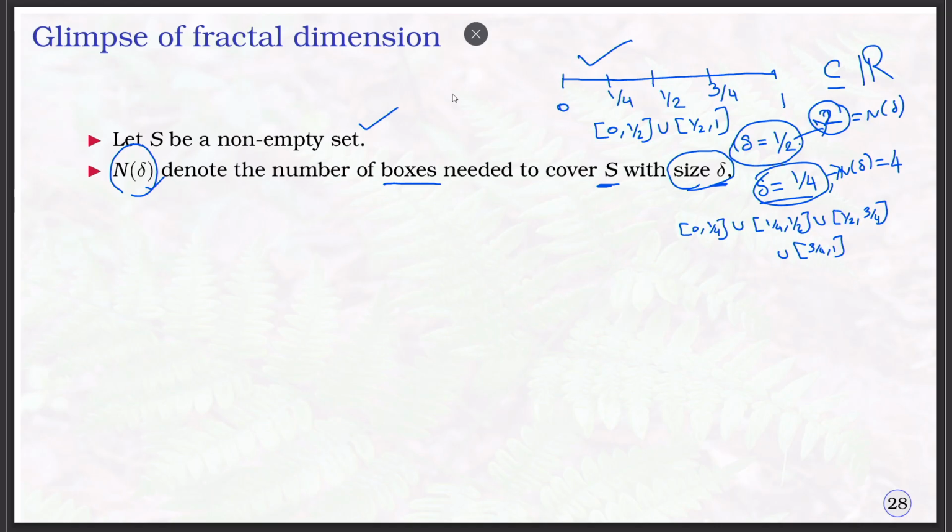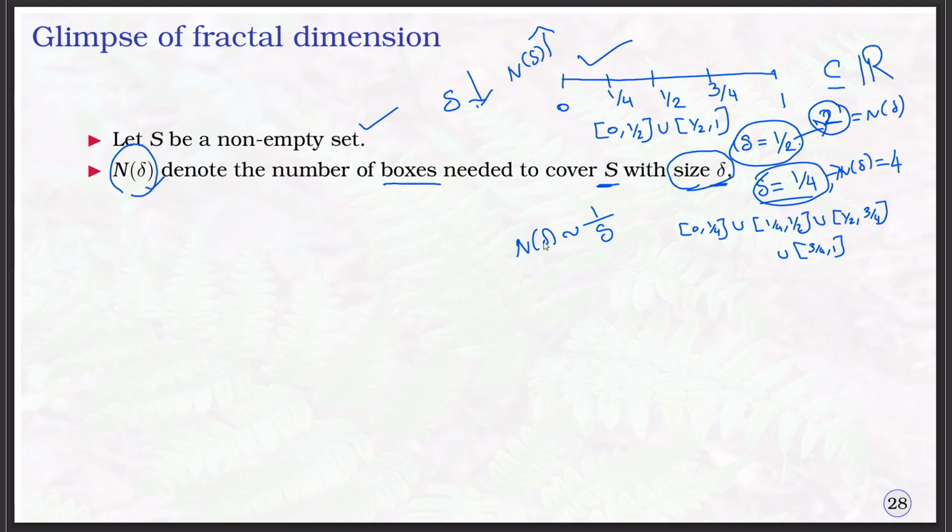So, whenever delta is decreasing, n of delta will increase. That means n of delta is inversely proportional to delta. Whenever delta is increasing, n of delta will decrease.